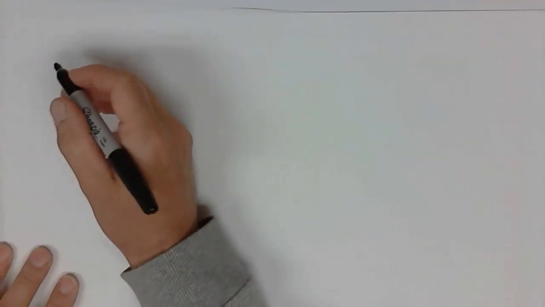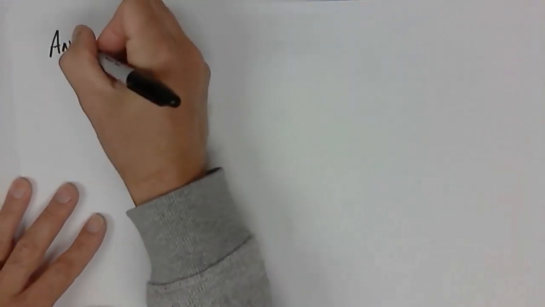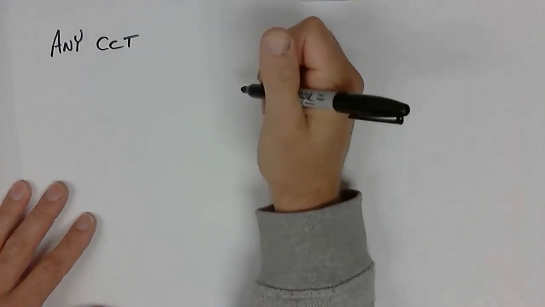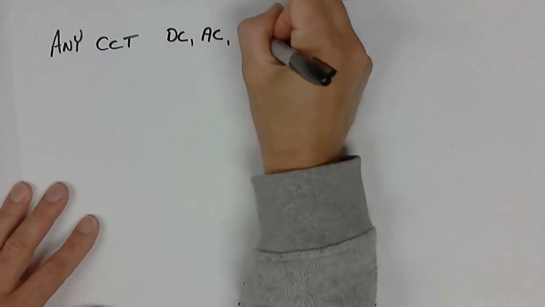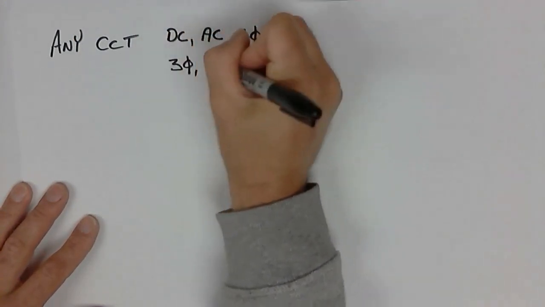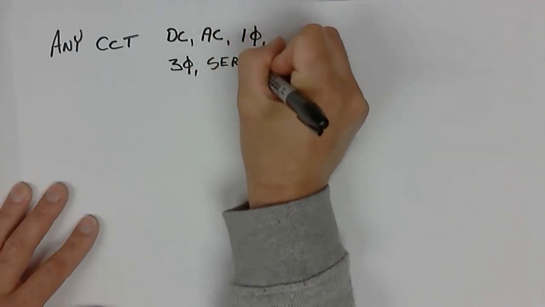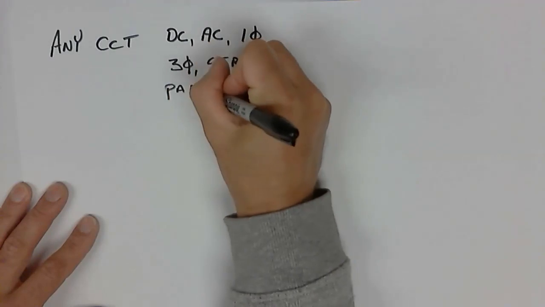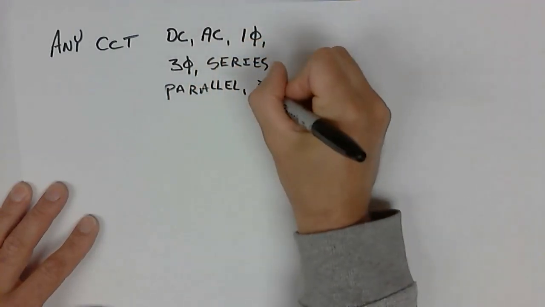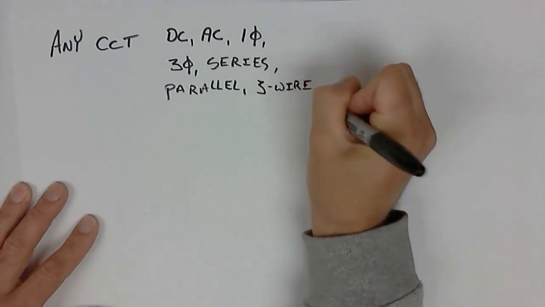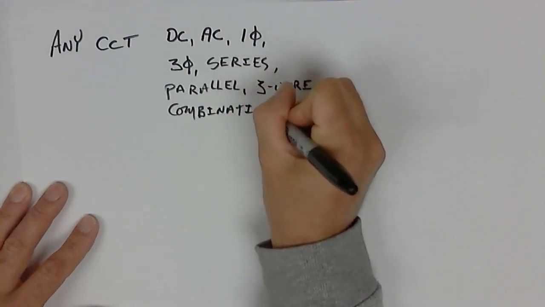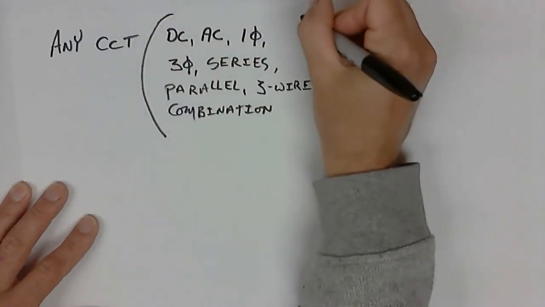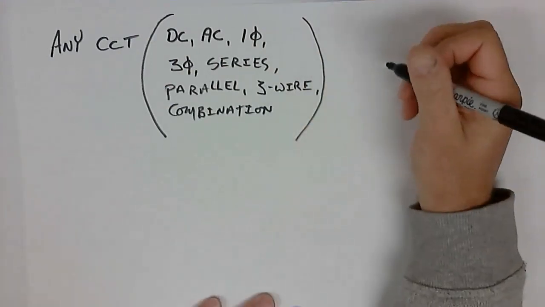It's important to realize that in any circuit, and when I say any, I really mean any. So a DC circuit, an AC circuit, a single phase circuit, a three-phase circuit, a series, a parallel, a 3-wire, a combination circuit, any circuit, this equation will be true.